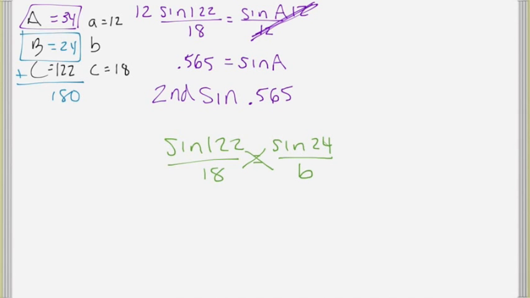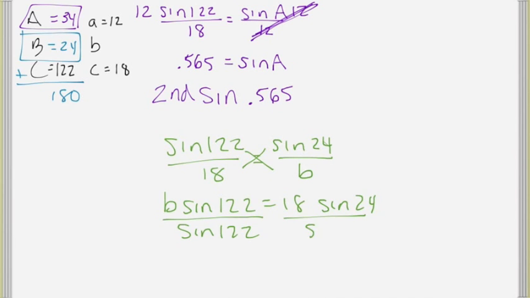When we're solving for a side, we need to cross multiply, and divide by what's with our variable, in this case sine 122, to get that variable alone. I'm going to get about 8.6.